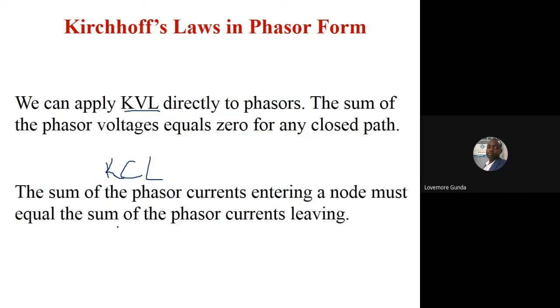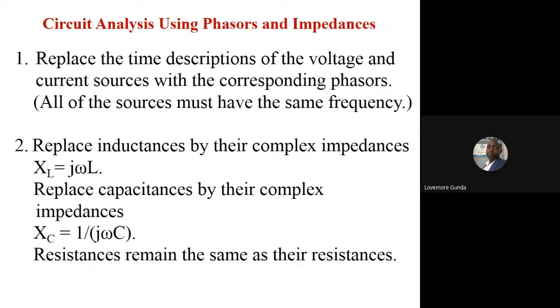So, like I said, after you understand that you are just dealing with complex numbers and nothing more, you also realize that there is nothing quite different from the analysis that we did with our DC circuits.